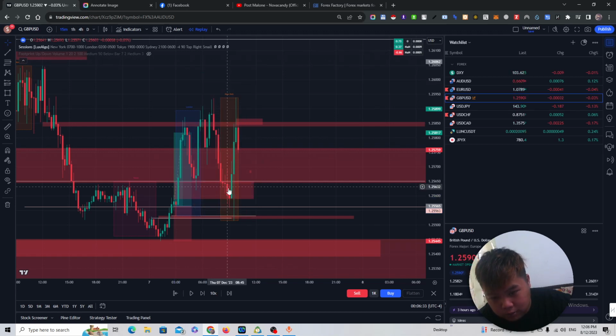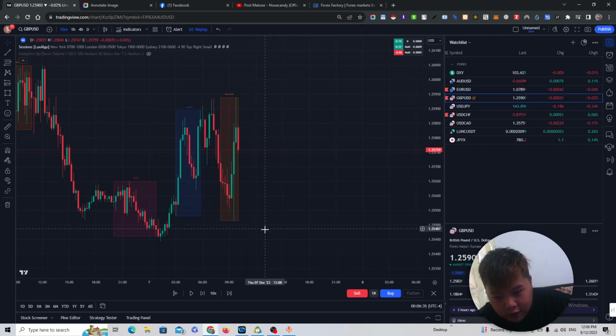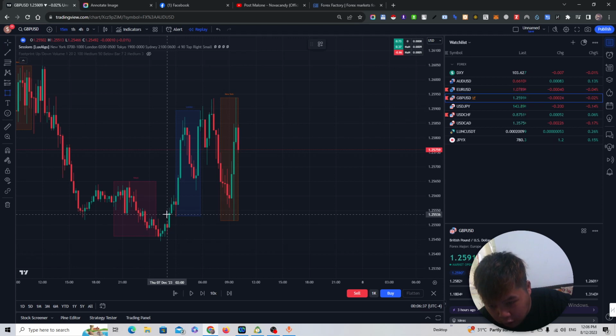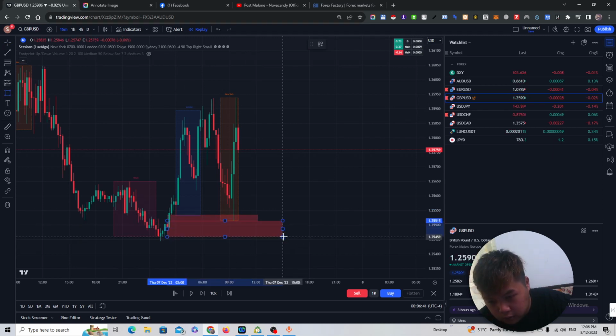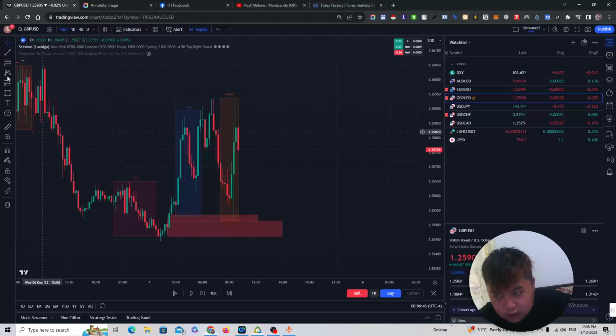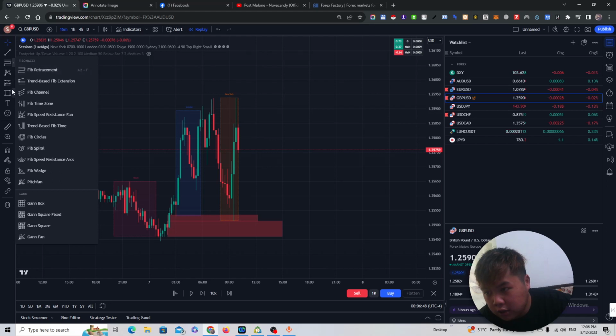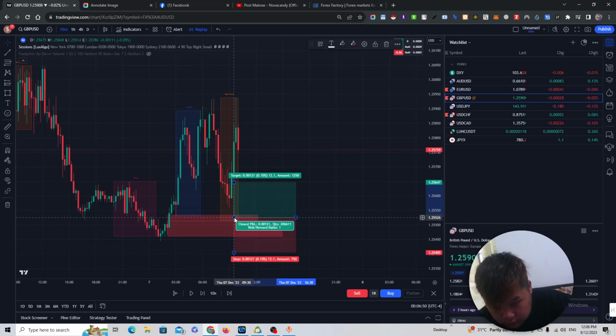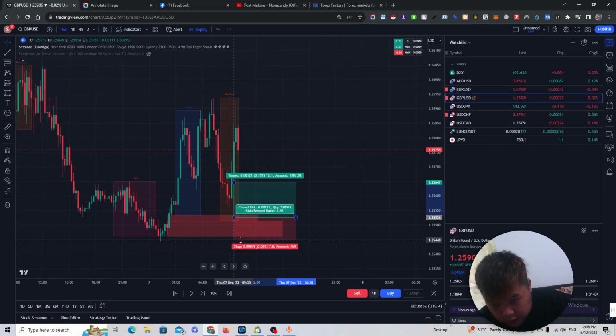I got stopped out, but then I realized there's something below here, a fair value gap and an order block, right? I immediately made another entry here. My stop loss would be here.